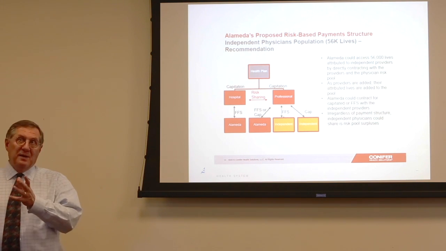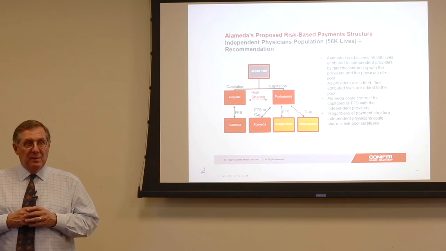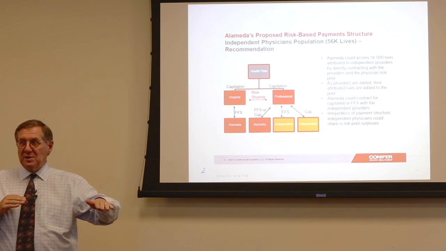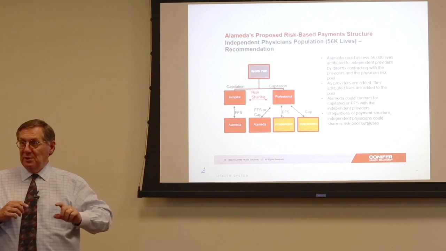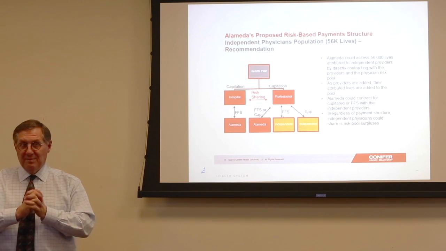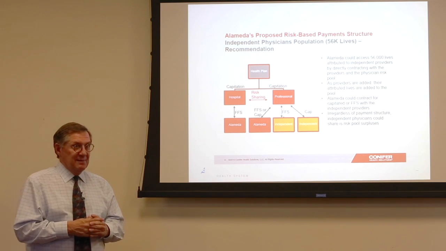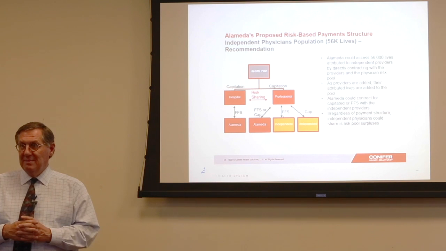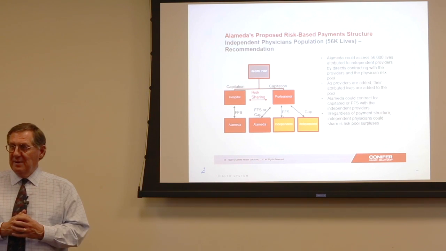So we're going to say, those hospital costs over there, we're capping them too, but to the extent that hospital costs come in lower than budget, we're going to take some of that money and give it to you, okay? So if you reduce length of stay, if you don't do a CT, if you don't do a procedure, there's going to be savings, and you can have some of that money.